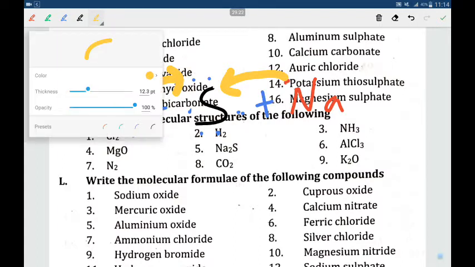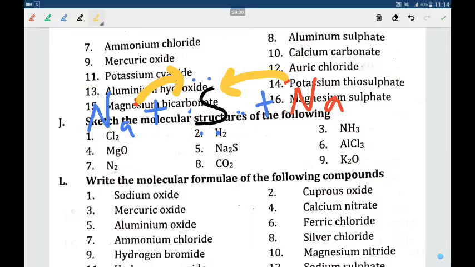If it is given, then it becomes very very stable. Now afterwards you can show here Na becomes Na plus, again another Na plus, and S. 1, 2.